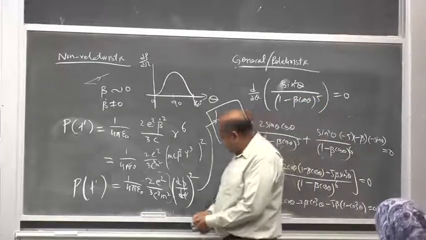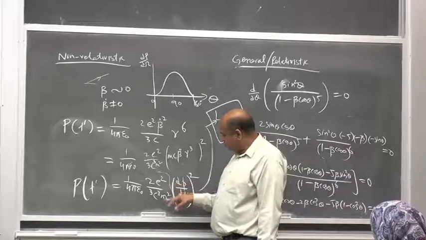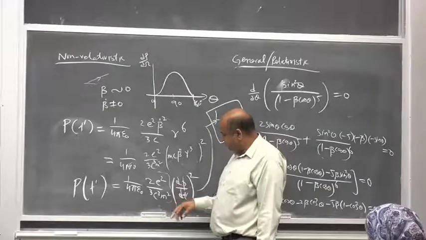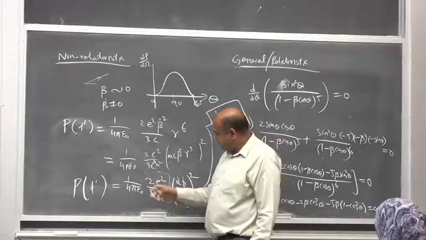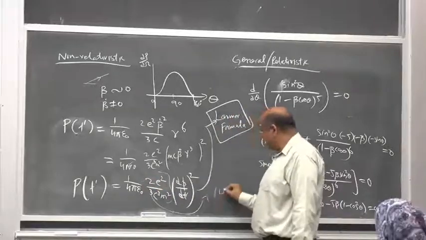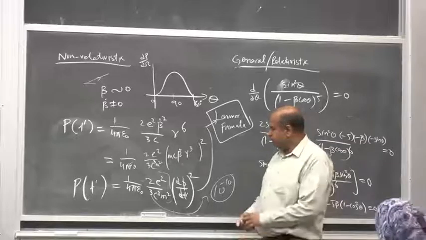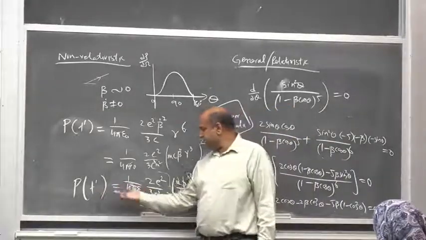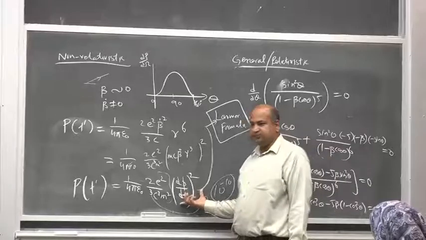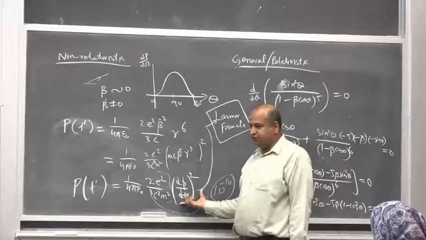If you put in the values here, like E is 10 to the power minus 19 squared, then C is 10 to the power 8, the mass of the electron, let's say, and then epsilon naught, for an electron this factor comes out to be roughly 10 to the power minus 9. So it means the radiated power is roughly 10 to the power minus 10 times smaller than this number, which is the rate of change of momentum.